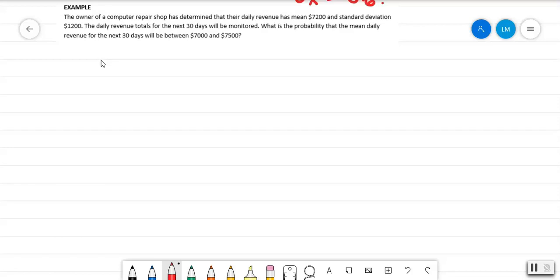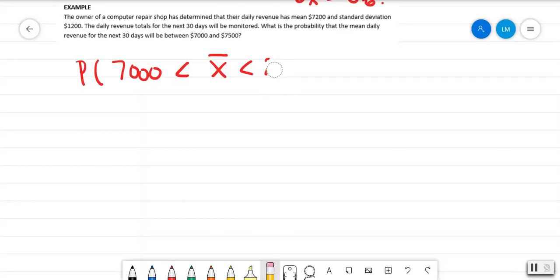What is the probability that the mean daily revenue for the next 30 days will be between 7,000 and 7,500? Okay, so let's write this out. We're trying to find the probability that 7,000 is less than our variable x bar, and that's less than 7,500.